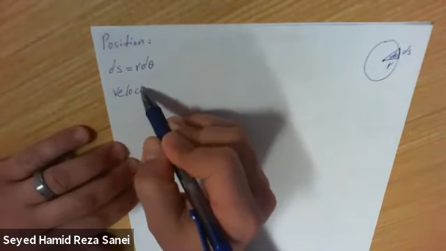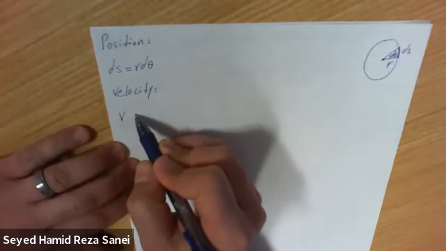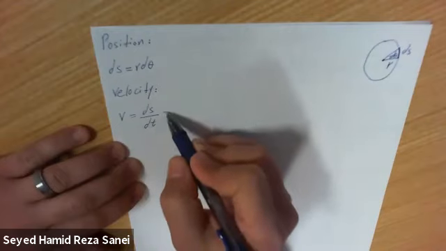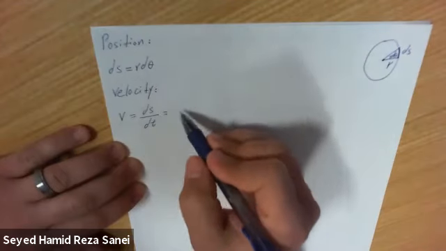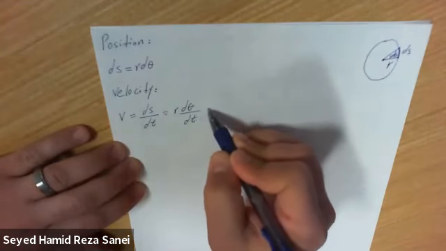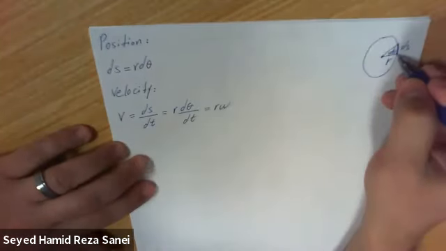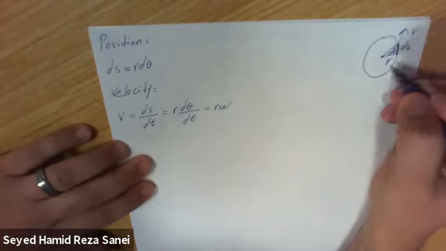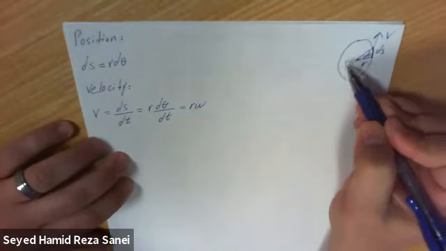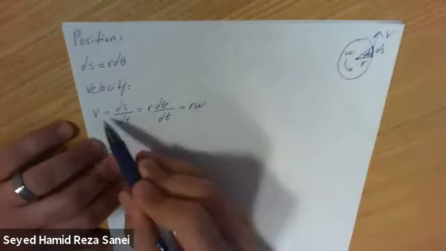Velocity, again, the definition of velocity is ds over dt, and ds is r d theta. So you have r d theta over dt, so r omega. If you want to find the velocity here, I'll write it a little bit bigger so you can see: velocity is again proportional to angular velocity by the radius, v equals r omega.